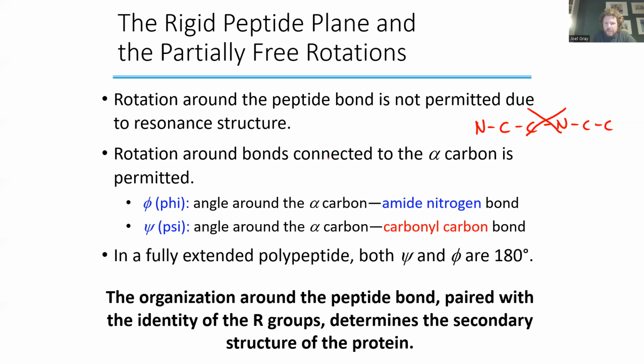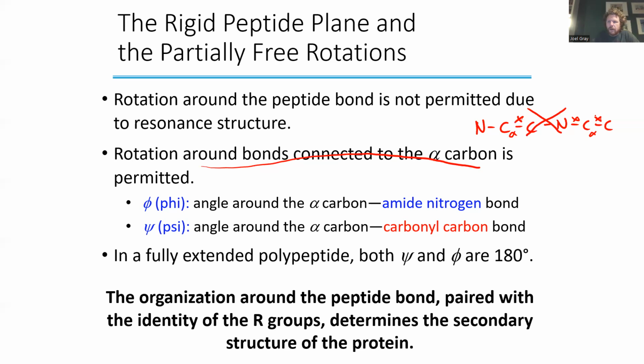Now, what this is saying is that rotation around bonds connected to the alpha carbon is permitted. Okay, so my alpha carbon is here's one, and here's another one. So what this means is this bond, you can have movement, and this bond, you can have movement. And if this was a peptide that continued on, well, you could have this bond. So basically, the bonds that precede and succeed the alpha carbon, you're going to have rotation.